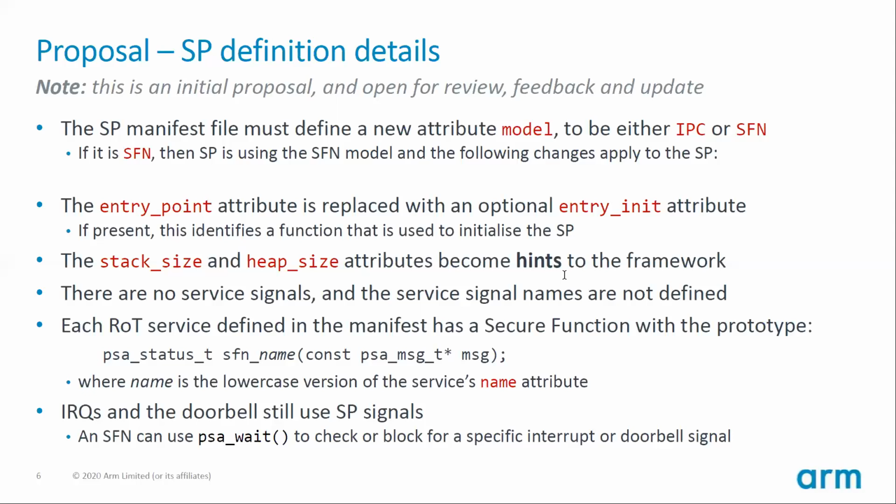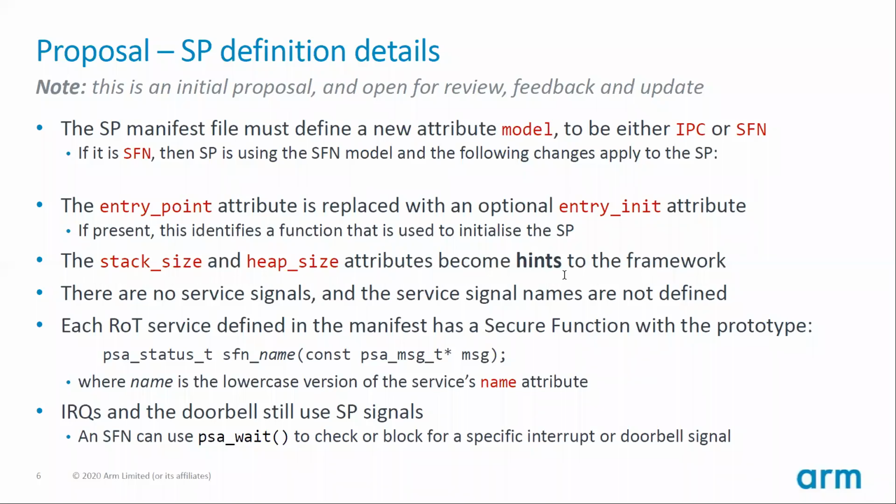If it returns an error, then that partition is effectively non-functional, and we'll leave it to the framework as an implementation defined behavior, whether that means it will stop running altogether, or whether it will do some diagnostic on that issue, but run anyway. But if it returns success, then that indicates that the SPM should deliver secure function calls into the secure partition.